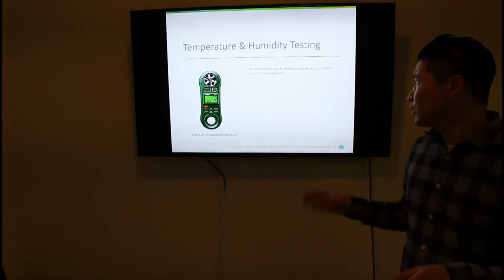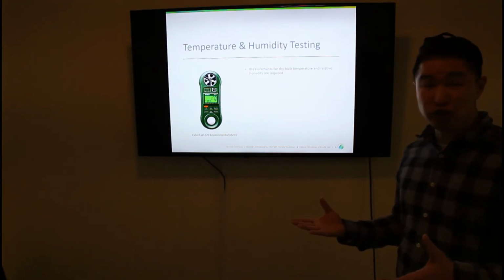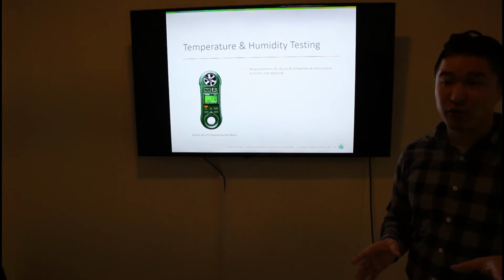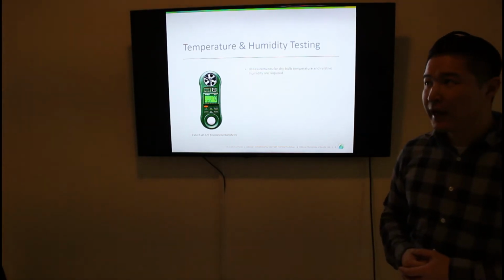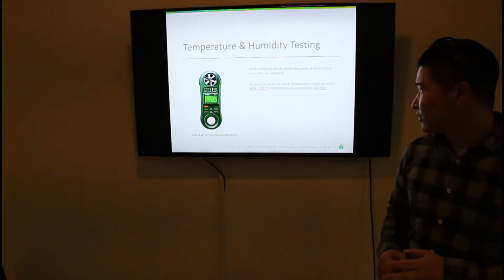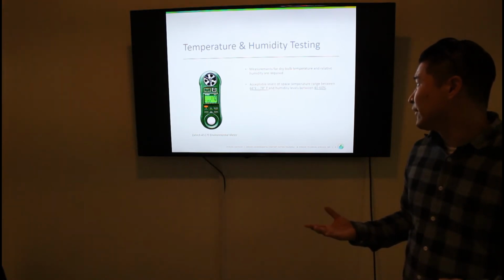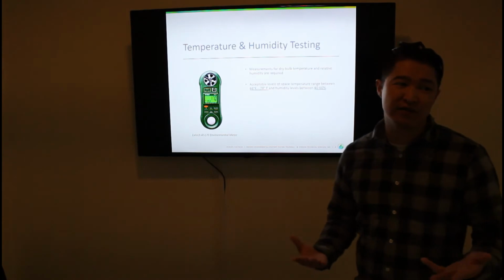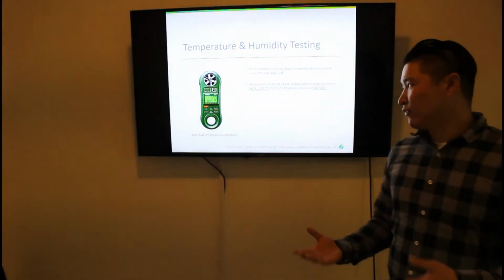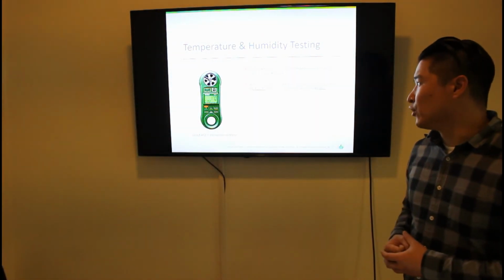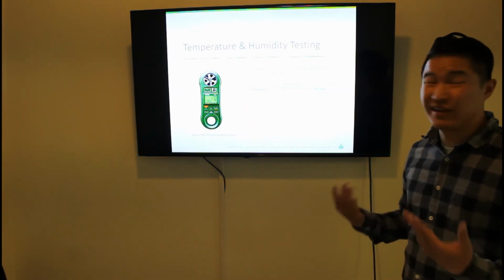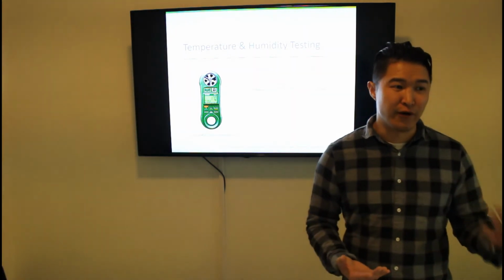And the standard that we're trying to test against is ASHRAE Standard 55, which is for indoor comfort. Their acceptable readings are generally between 68 to 78 degrees Fahrenheit and humidity levels between 40 and 60%. So you kind of want to keep this in mind. If you're seeing anything that's significantly off, it's probably something that you definitely want to note.